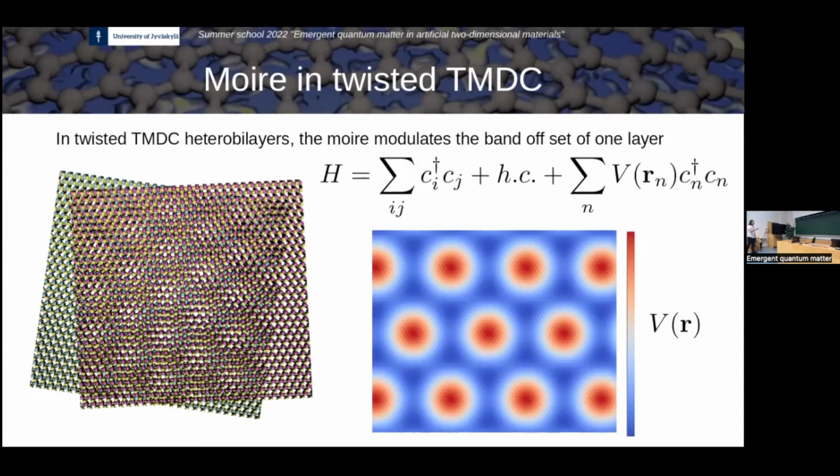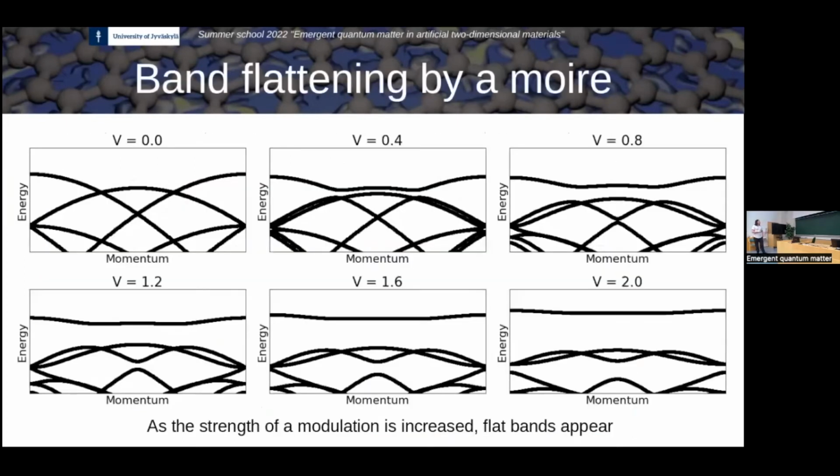So again, we are going to take our moire superpotential, and we are going to focus on a chemical potential in which we only have states in one of the layers, and the other layer is just modulating the electrostatic potential and also the strain of the layer with the active electron. Now let us look at how the band structure of the system with the active electron looks as a function of the strength of the moire potential.